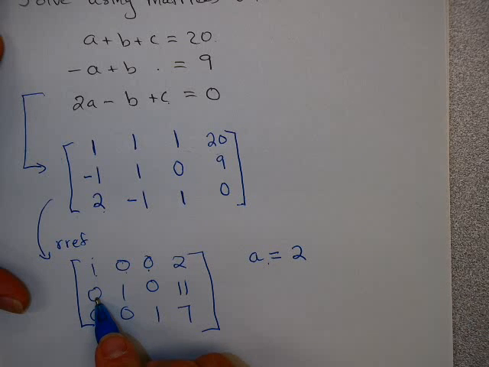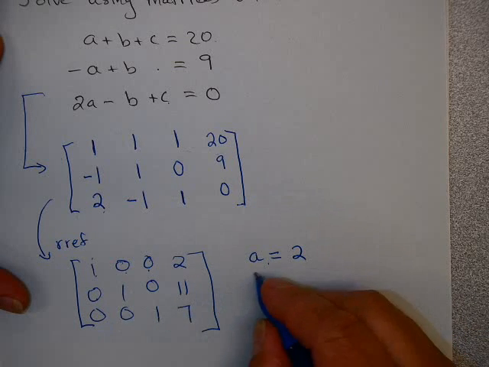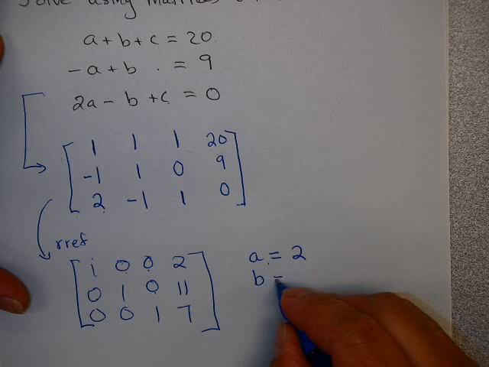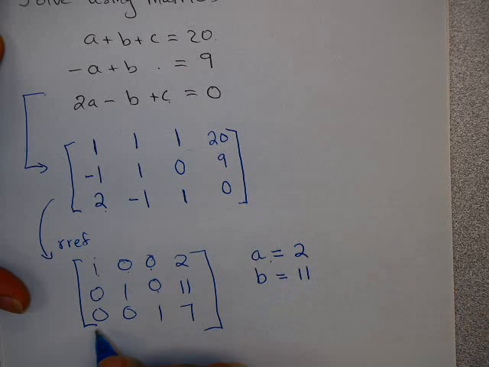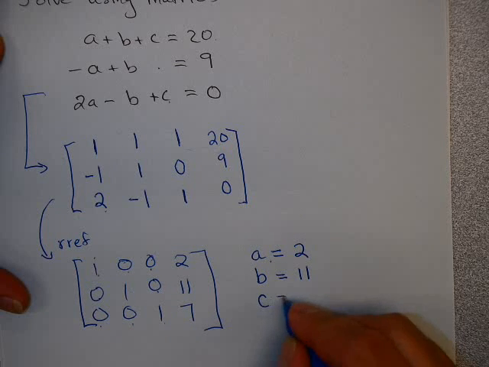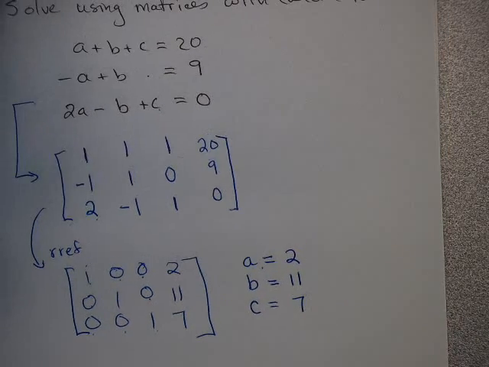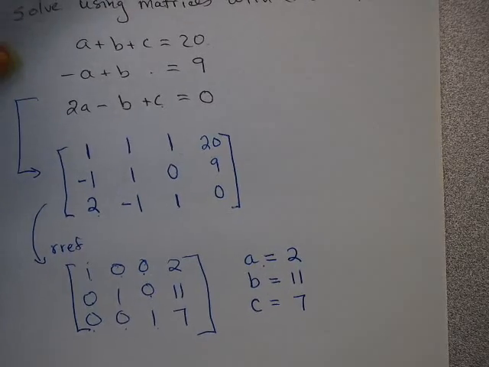This represents 0 times A, not going to write that down, 1 times B, plus 0 times C, not going to write that down, equals 11. And this represents 0 times A, 0 times B, 1 times C equals 7. Do you see? This is your solution. So this is a great way to check your work. Let's try another one.